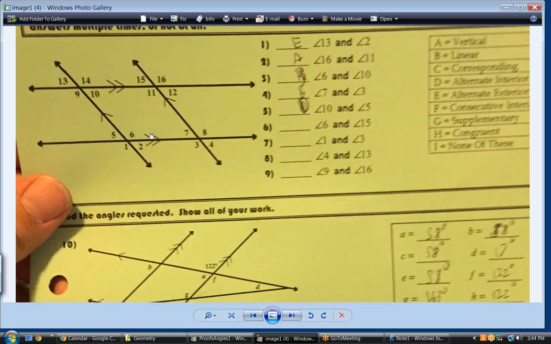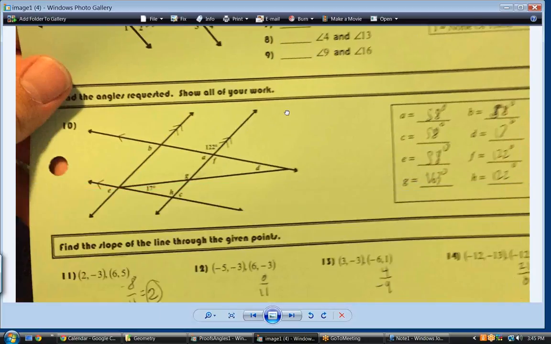If you eliminate the bottom horizontal line, what would 9 and 16 be? Alternate exterior? Yes. They're exterior to the parallel lines, and they are on opposite sides of the transversal. So, I mean, I would think that she wouldn't be able to mark congruent wrong because they are congruent. But they're more than that. They're alternate exterior. Okay. All right.